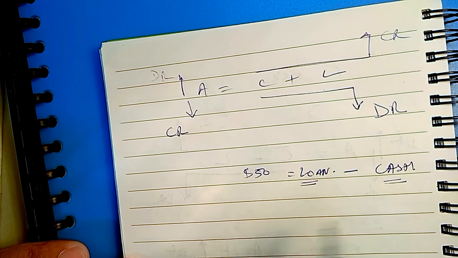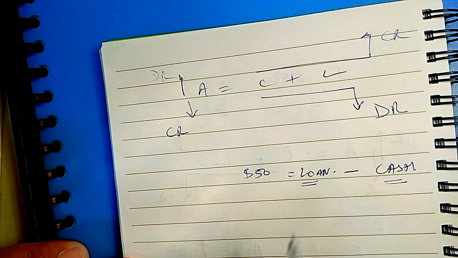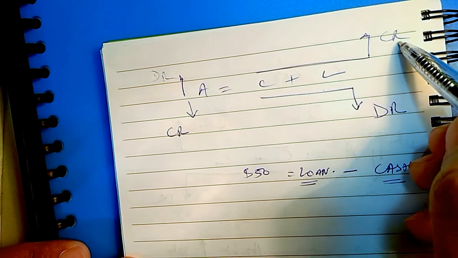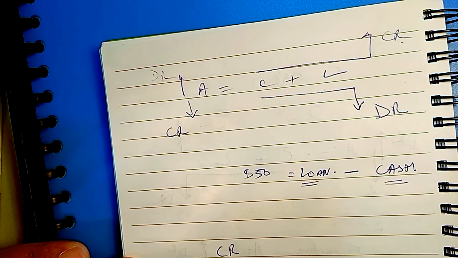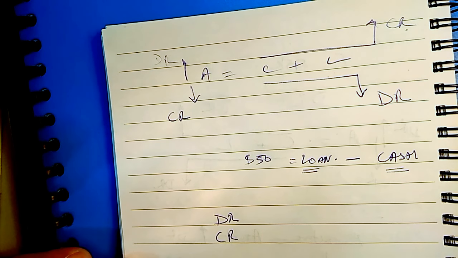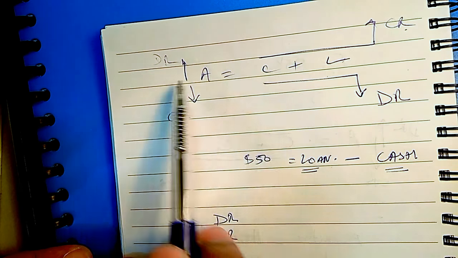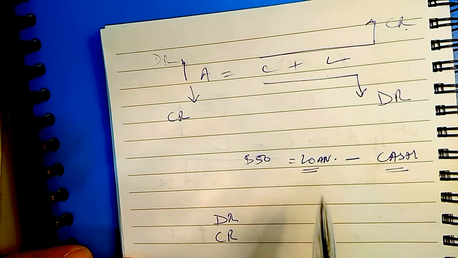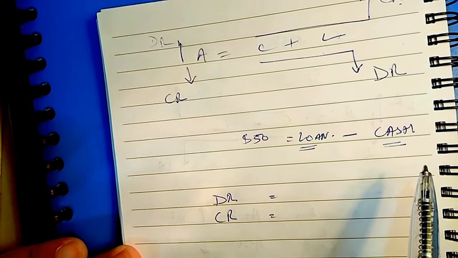So what happened is your loans went up. You owed people more money. So loan going up is a credit. We always know there will be a debit and a credit. So if you find out one, the other will be somewhere down the line. So you'll have to figure it out. The loan came in the form of cash.